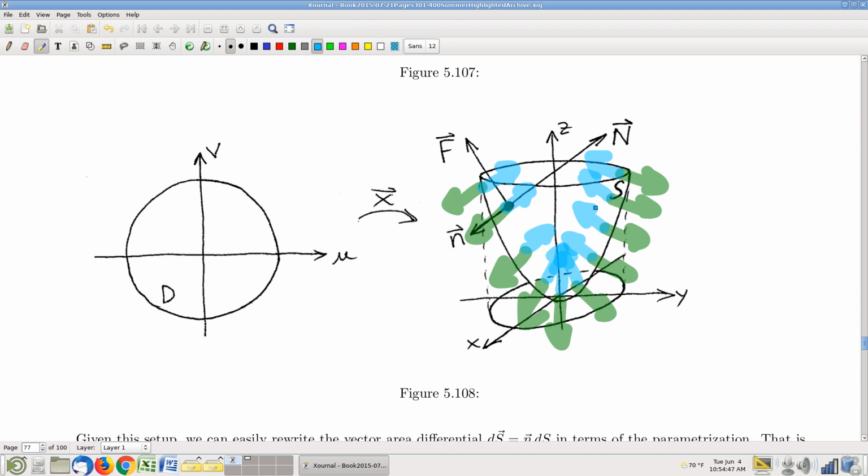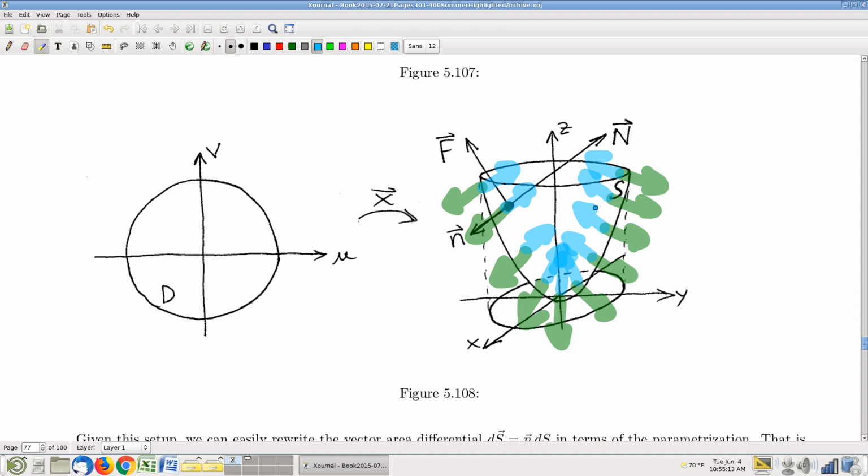None of the green vectors are pointing at all upward, not even a little bit. The blue vectors are all pointing somewhat upward. So in this case, the word downward, while not a perfect description, does unambiguously pick out green versus blue between our two choices of orientation.